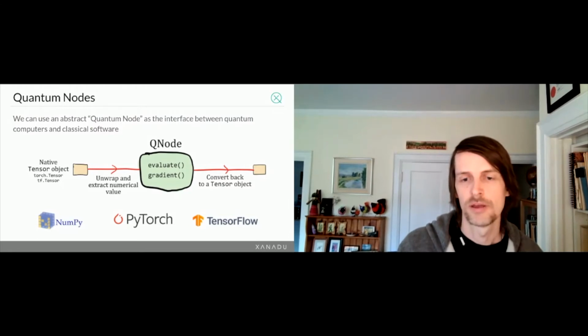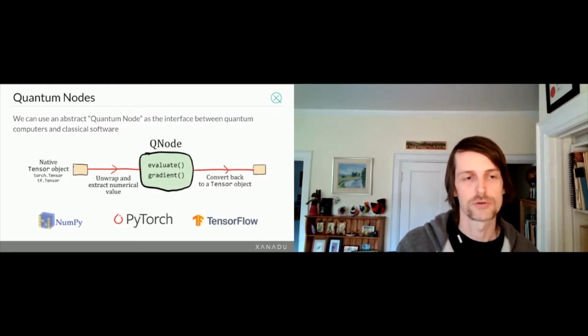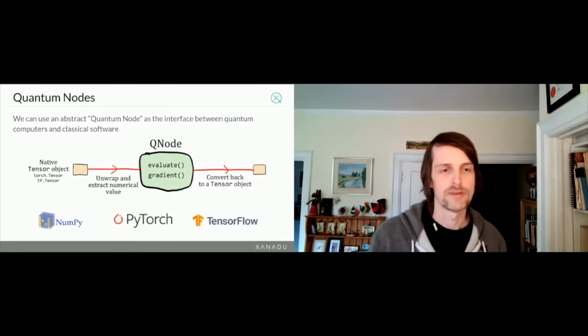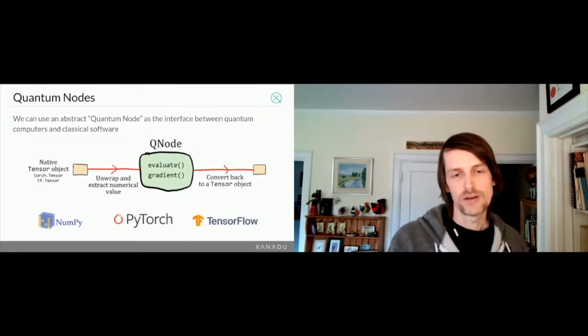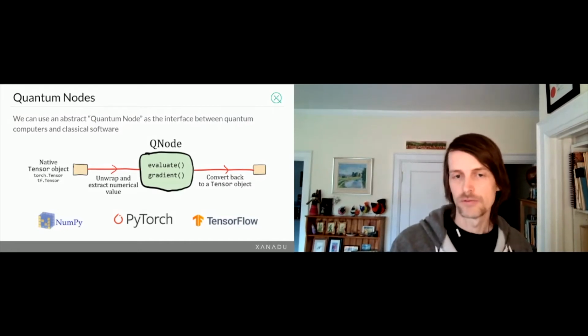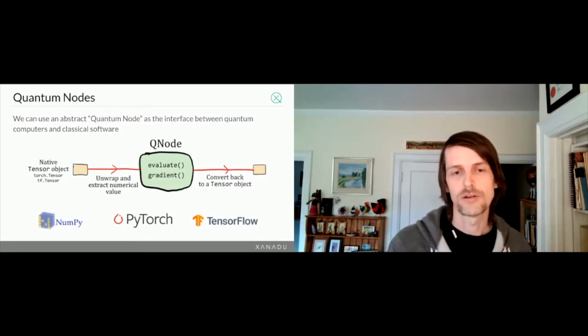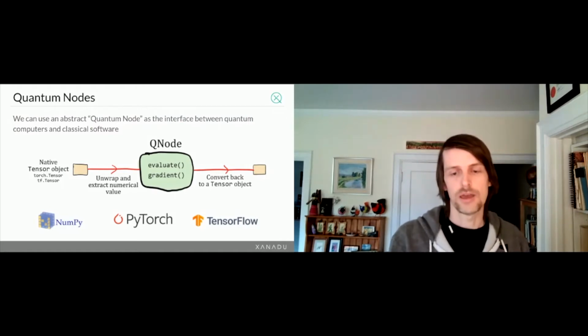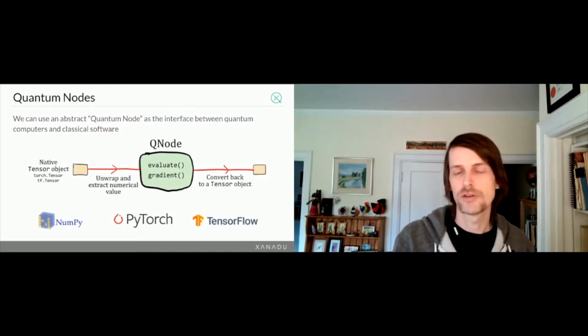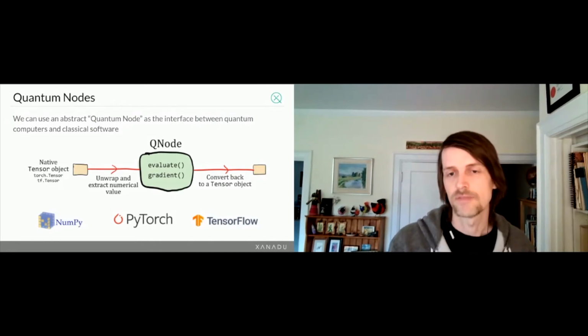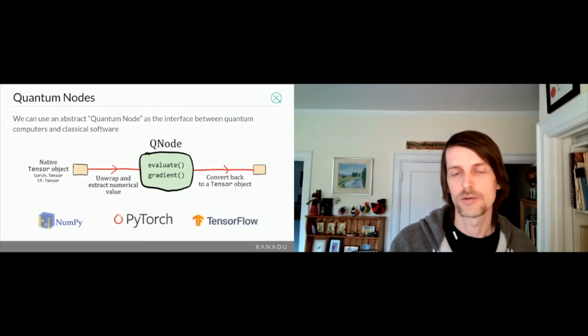You start with a tensor object, for instance, from Torch or from TensorFlow or maybe a NumPy array. You pull out just the numerical value, so you throw away all of the class structure that those machine learning libraries have, and you just pull out the data. You feed that data to a quantum computer, and you run that circuit enough times to return a certain value, an average value at the output.